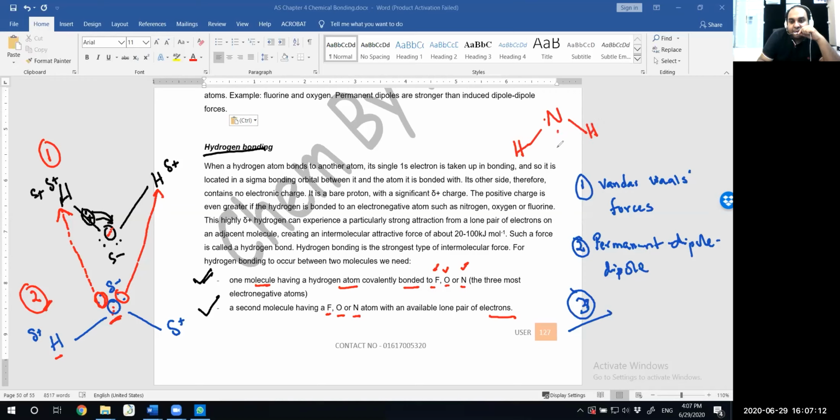Ammonia is another example. So one of the molecules has a hydrogen bonded to either fluorine, oxygen or nitrogen. Which one does it have here? Nitrogen. Another molecule has to have a fluorine or oxygen or nitrogen present with a lone pair of electrons. Does nitrogen have a lone pair of electrons?